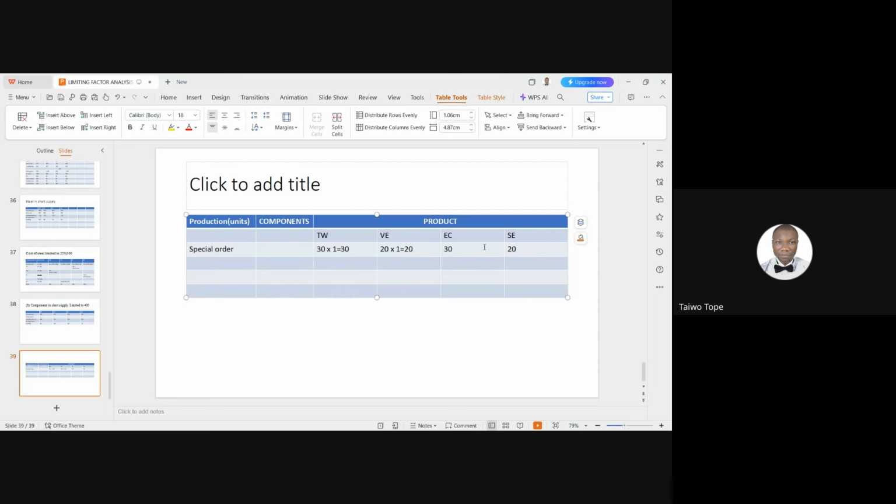So that you don't just think we added 30, 20, you should know there is a working. So when you are solving another question, you won't just think this is a coincidence. So when you add 30, 20, 30, 20, you're going to have a total of 100 components.